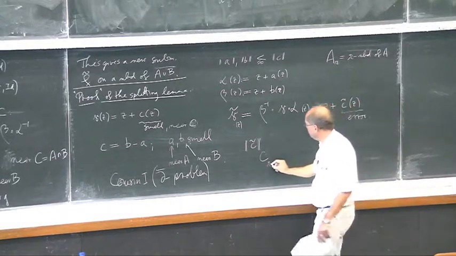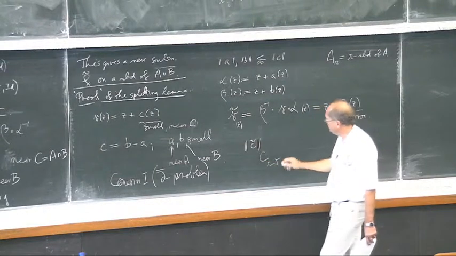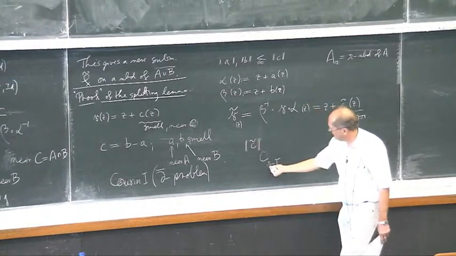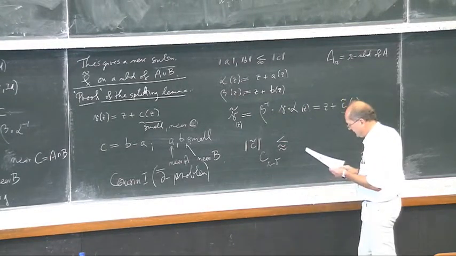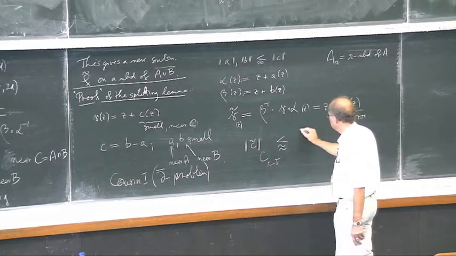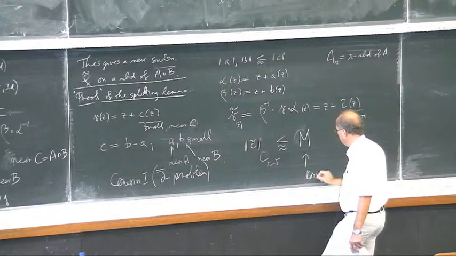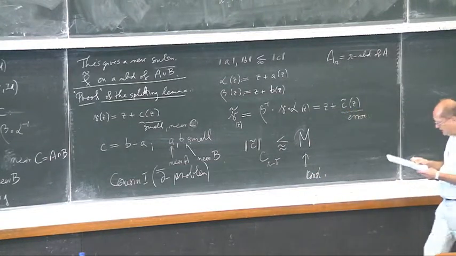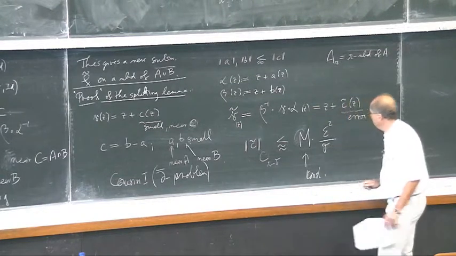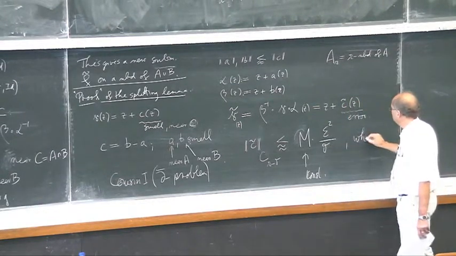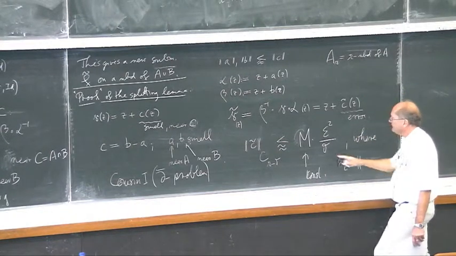So now I have a rather precise statement here that if I increase C by R but then shrink by some number delta, then I can control this new error by some universal constant, m, some constant. This constant only depends on the geometry, times epsilon squared divided by delta, where epsilon is the norm of the previous function on this neighborhood.